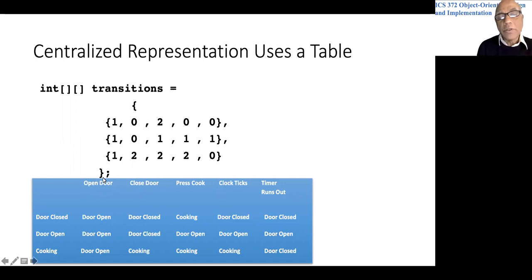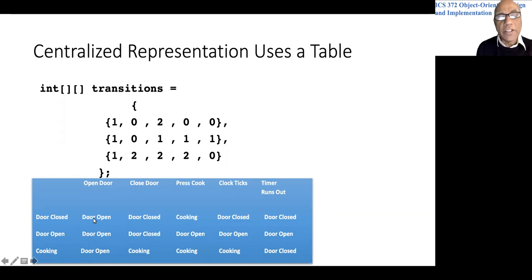Similarly, we are going to assign numbers for each event: 0 for open door, 1 for closed door, etc., and 4 for timer runs out. So this is the row in the Java array corresponding to this set of entries.